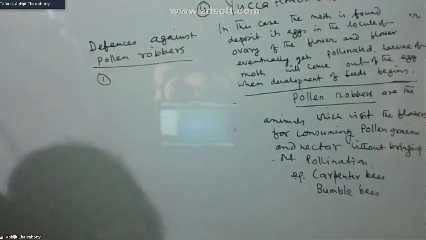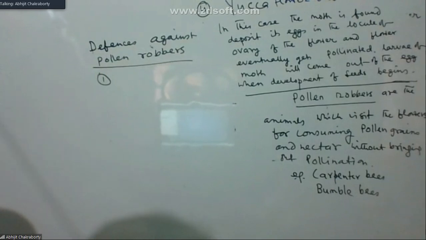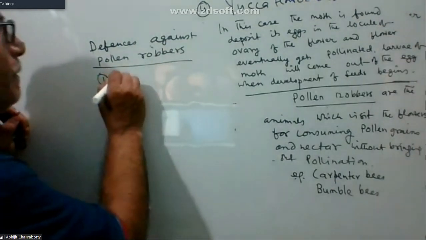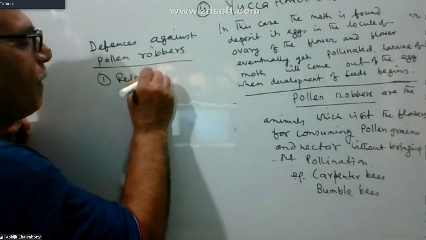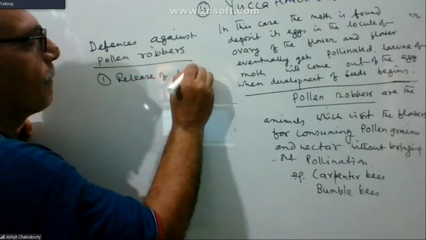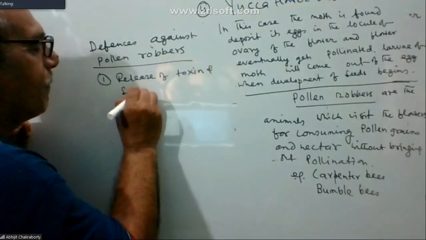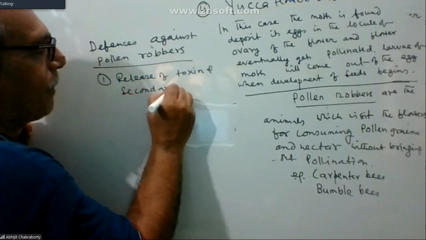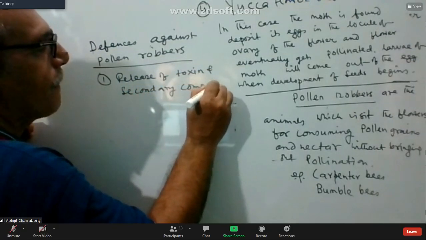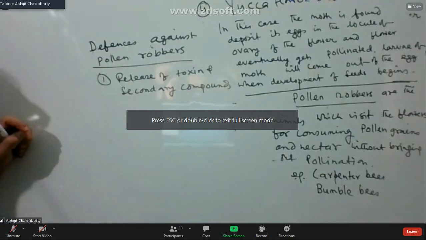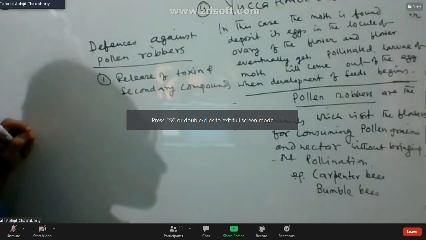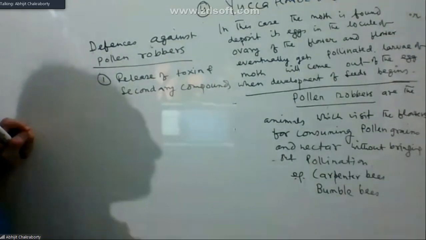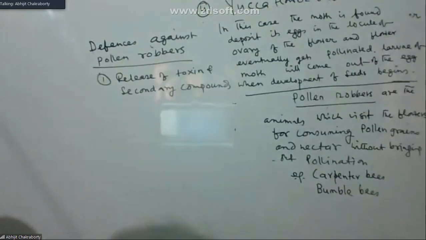What are these? First of all, release of toxin and secondary compounds. And these are found effective only against the pollen robbers.